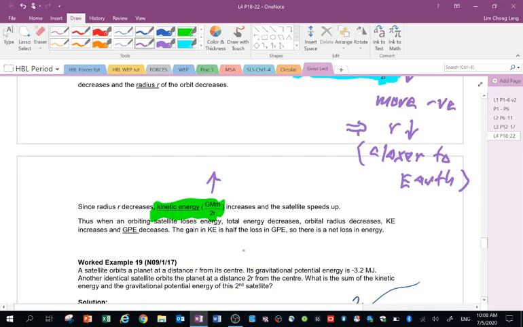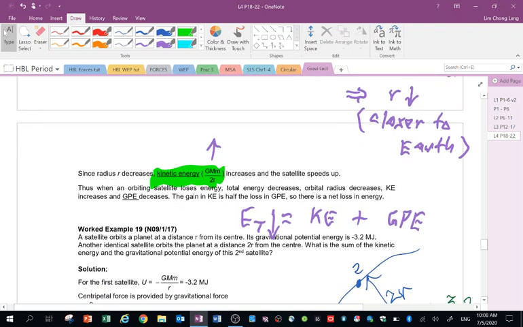I can write this equation, E total equals KE plus GPE, right? This is actually what happened. When the satellite loses energy, E total decreases because GPE decreases more, but there's an increase in KE.